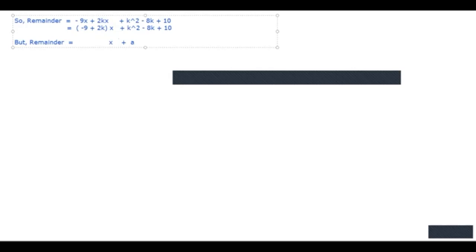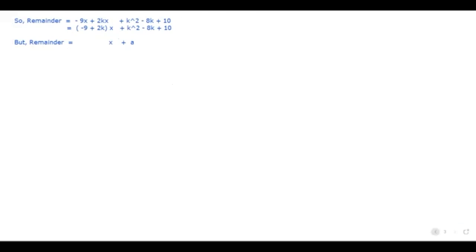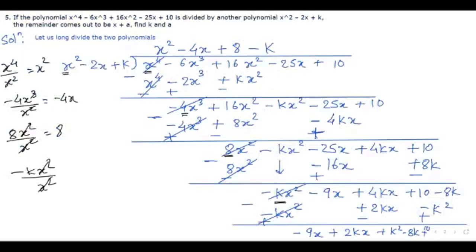If you check the question, they are saying the remainder is x plus a. Means we want the remainder to be of the form x plus a. That is why the coefficient of x should be 1. Whatever part is remaining, that will be a. Yes or no?